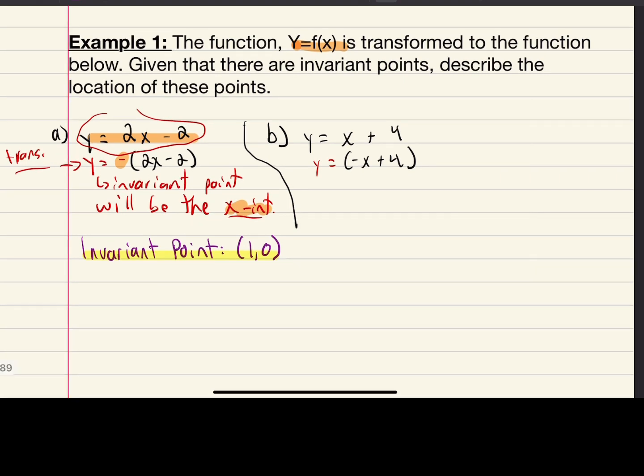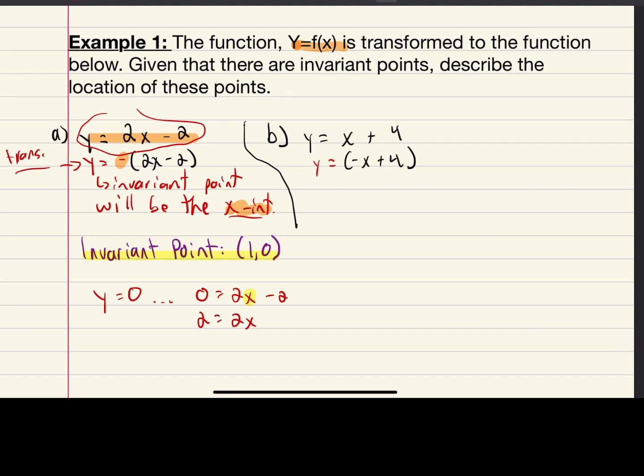Now, if I'm going to algebraically solve for this point, I can just solve for the x-intercept. For this equation, we know that the x-intercept is when y equals 0. So we can go 0 is equal to 2x minus 2, whereby we can isolate for the x, and it's going to be 2 equals 2x.